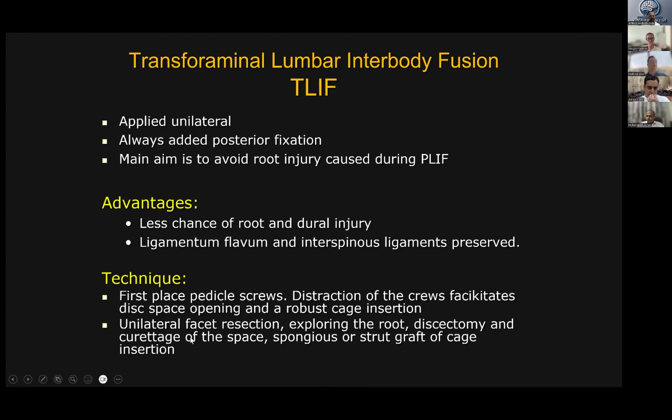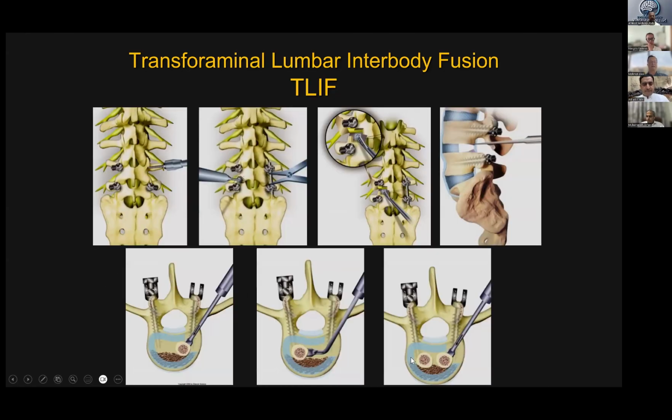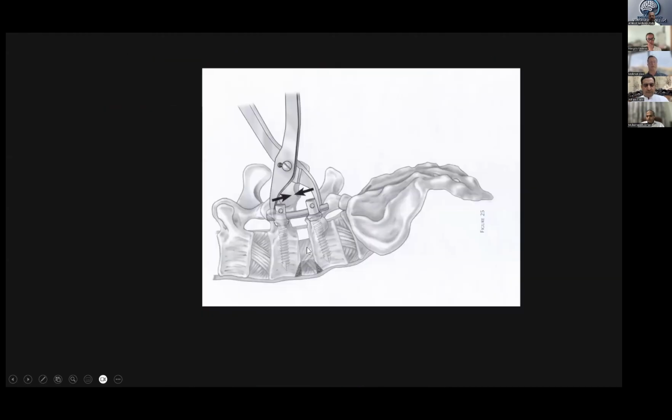So then no root retraction is necessary. Then you can place a banana-shaped cage or two cages like you can see here. After placing the cage in the middle of the disc space or ventral part of the disc space, then some compression will help to achieve a solid fusion.